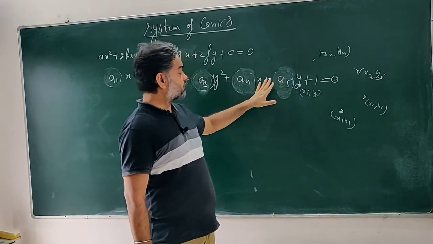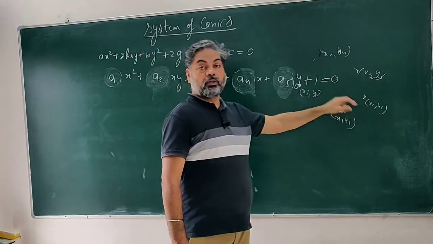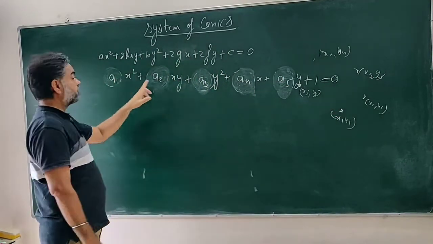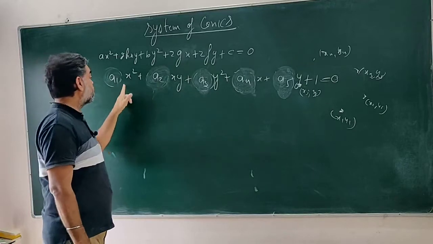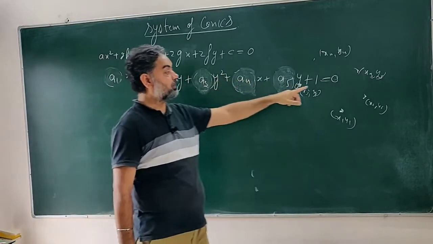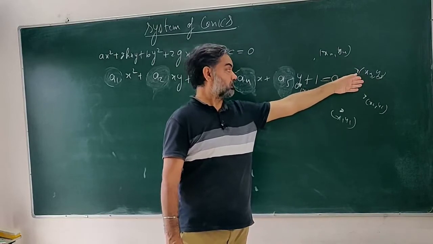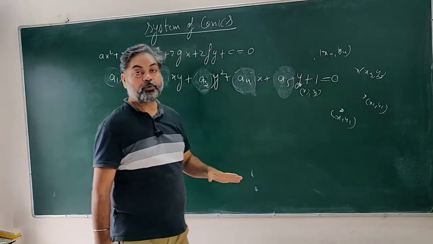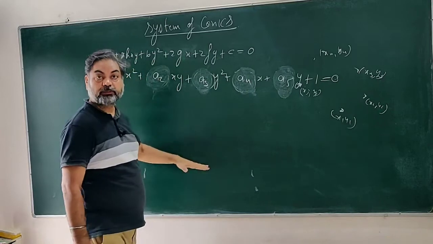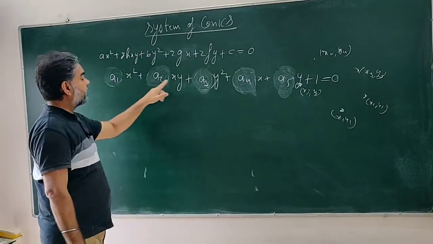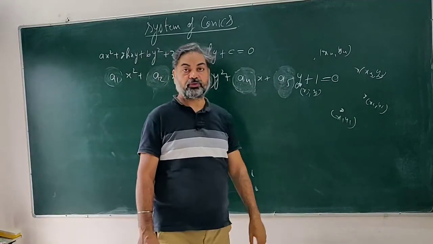Also, if this conic passes through (x2, y2), then you put x equal to x2 and y equal to y2 in this equation, and you get another equation in A1 to A5, and similarly by putting the coordinates of the fifth point. So you will get 5 equations in A1, A2, A3, A4, A5.